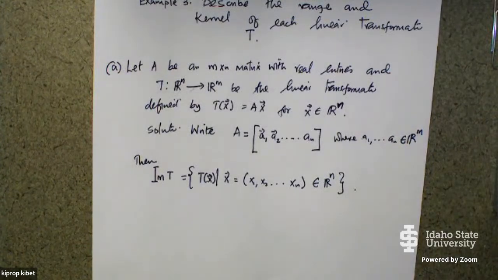So you can let X be in Rn, and T of X is our image.